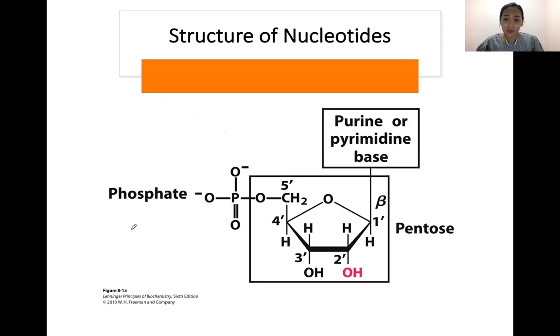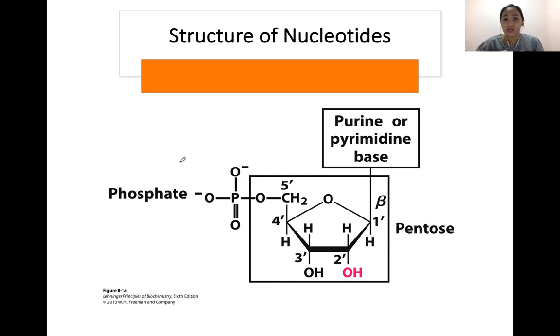Let's take a look again at our nucleotide structure. We have discussed the pentose sugar, so we're done with that. We have discussed the purine or the pyrimidine base. Now we will take a look at the phosphate group. Nucleosides ang tawag if there's no phosphate group, if it's just the sugar moiety and the nitrogen-containing base.